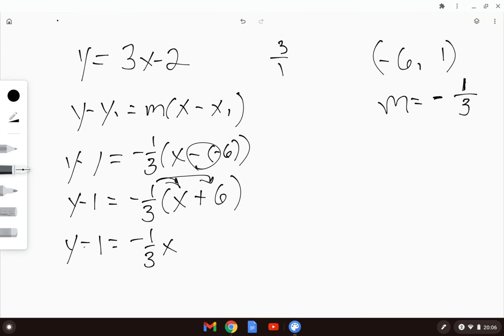All right, so we have 6 times a negative 1/3. So if I just multiply across, that gives me a negative 6 over 3, and 6 divided by 3 is going to be a negative 2.